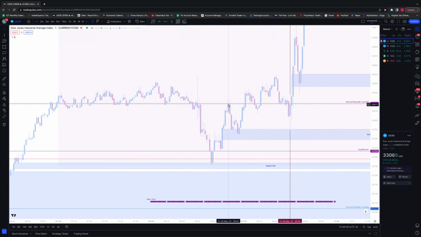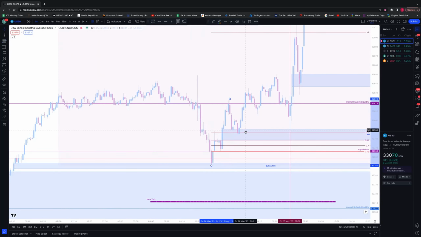Once we touch internal buy side liquidity again, just the area that we knew that buy side was, you see we start to come back to this fair value gap. Then again, you always want to see price do a 50% at least pull.